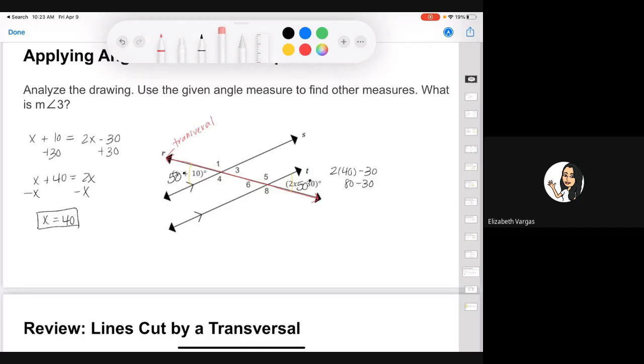So I solved for those angles: 50, 50. Now in this way, I can easily solve for the measure of angle 3 because it is a vertical angle paired to this one. And so that would also be equal to 50.